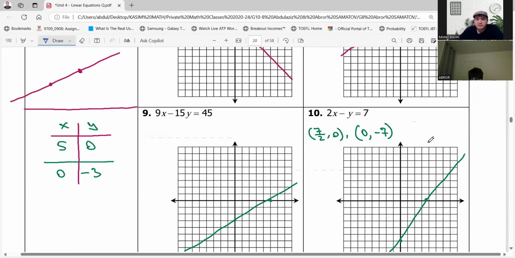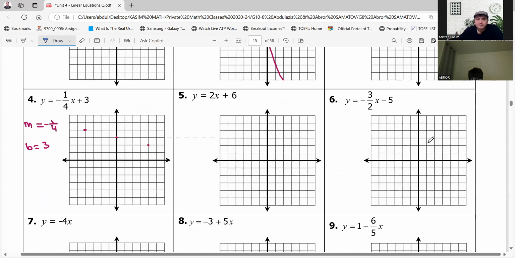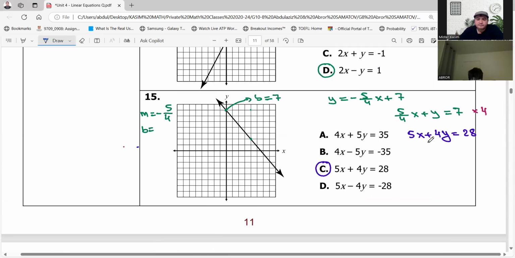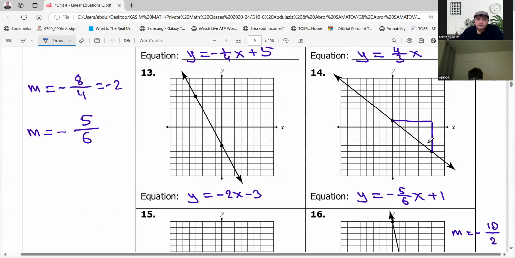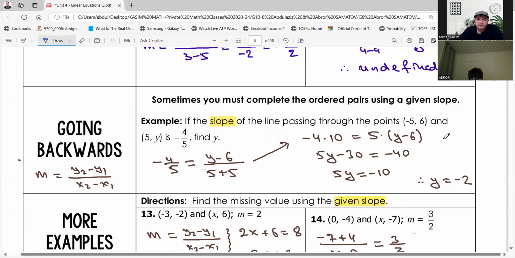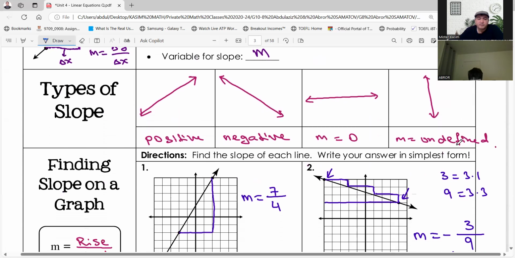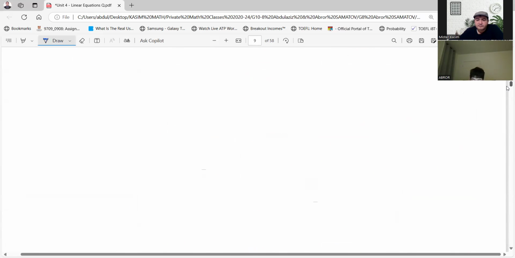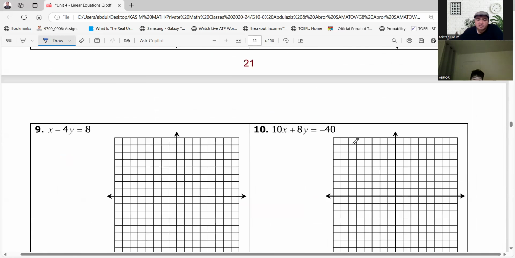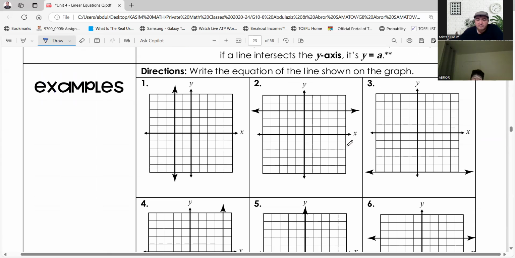See at the top, when we studied slope, types of slope. This one is positive, going up. Down, it is negative. Horizontal line, slope is 0. Vertical line, slope is undefined. Now, these two cases we have already studied. Now we are studying the third case where slope is 0 or undefined.